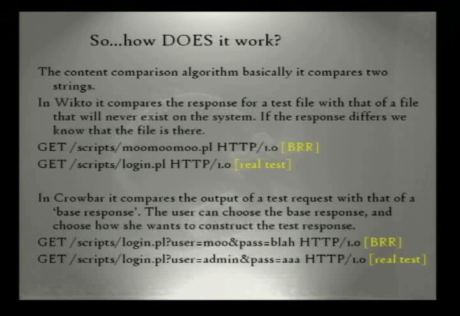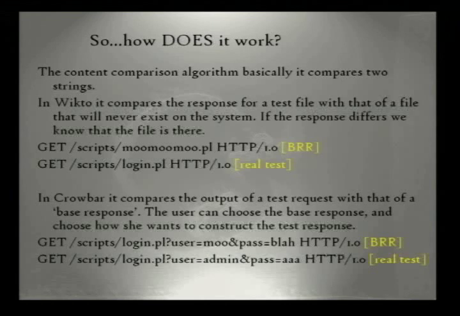So how does it work? Hopefully this is the last time I'm going to talk about this. In Wecto, if we want to test for a file, let's say login.pl that sits in the scripts directory, we would first test for something in the scripts directory that we know does not exist, like moo moo moo moo moo. That's the base request that builds the base response. In Crowbar, we do the same thing.